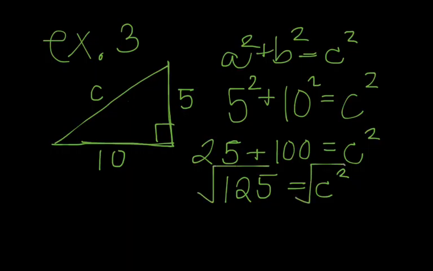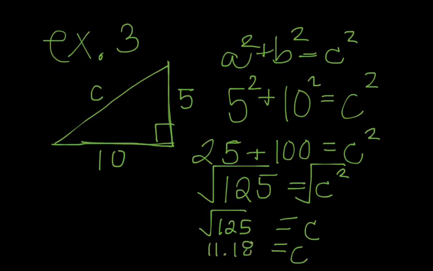Square root each side, and I get C equals the square root of 125. Now in this case, you could find the approximation of that, but at this point you can go ahead and use a calculator, and you can find the square root of 125. And we want to round that to the nearest hundredth.